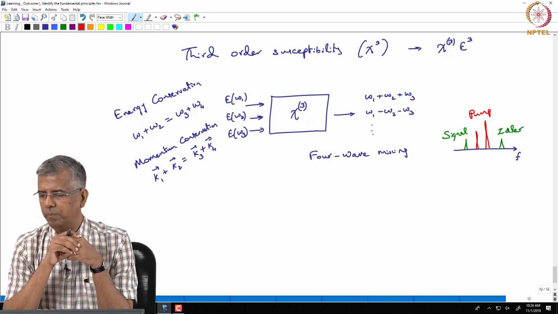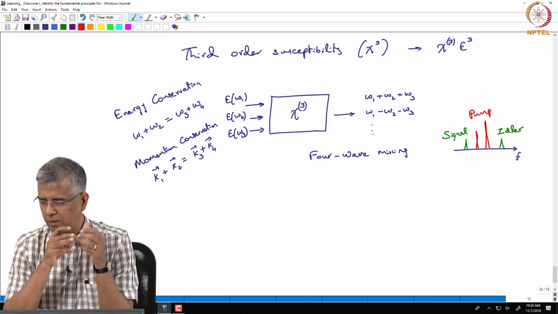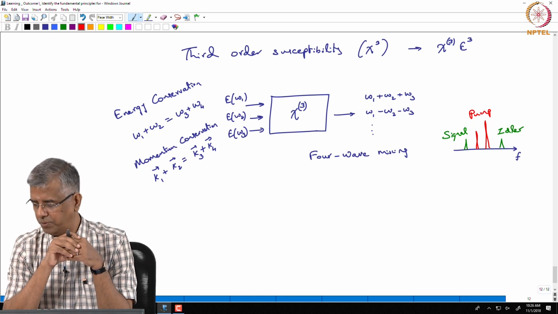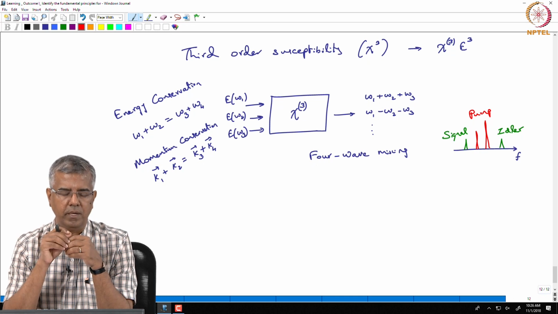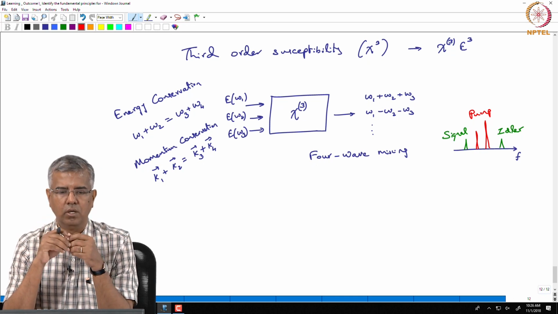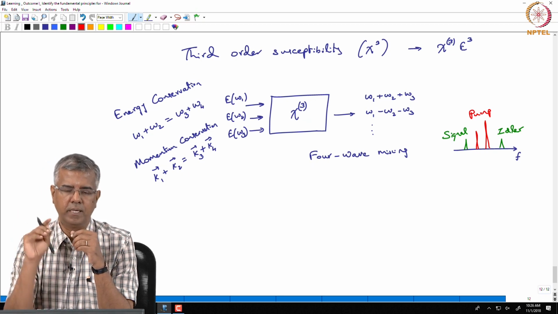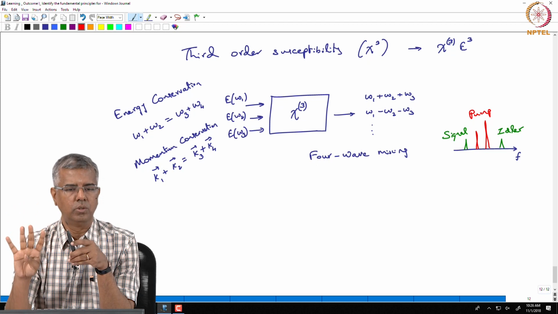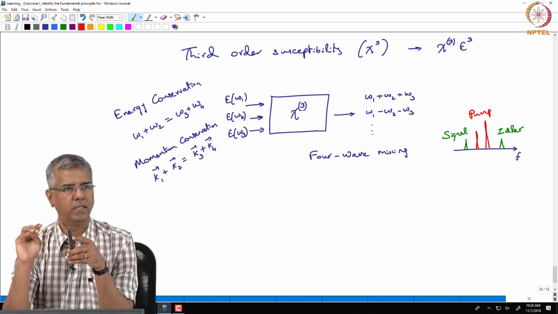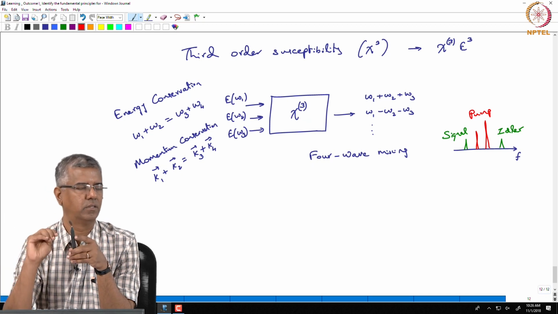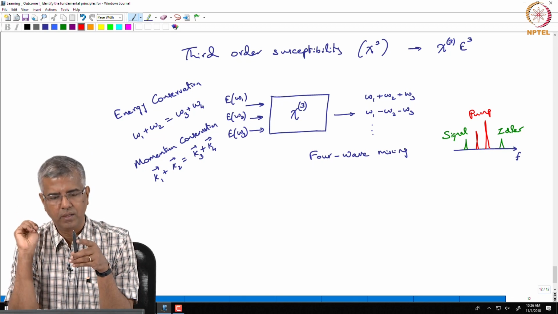Where is it useful? A lot of applications, obviously, which require new frequencies to be generated. One example of that may be in communications. You are using multiple frequencies to transmit information, right, in multiple channels essentially. So each of these frequencies is carrying different information.